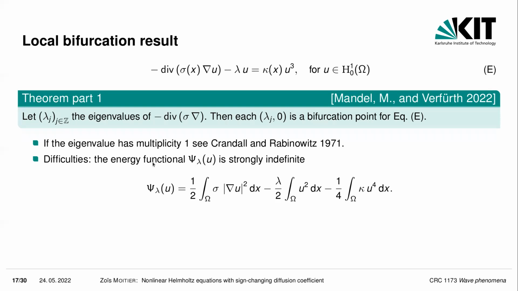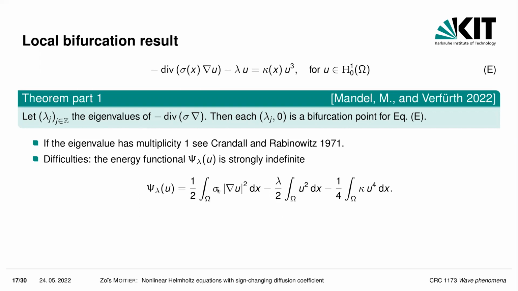Because the proof is based on this energy functional. From this equation, we can deduce an energy functional Psi_lambda(q), which is this, and this energy functional is strongly indefinite in the sense that the principal part of this energy functional is sign indefinite.